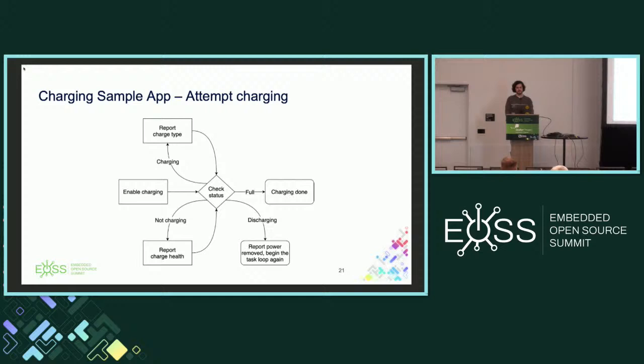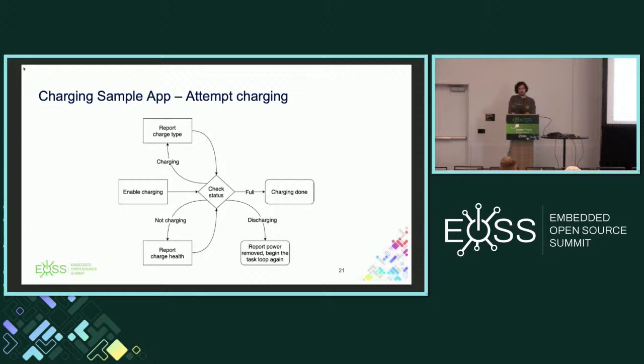Some of those things are really a sign of a system error, like something's gone horribly wrong and you want to stop charging. Some of it is just, you're in a warm spot and you just got to wait it out, and then you will start charging once the fault condition goes away. But in the case of the sample application, it just reports it out to you and does nothing.